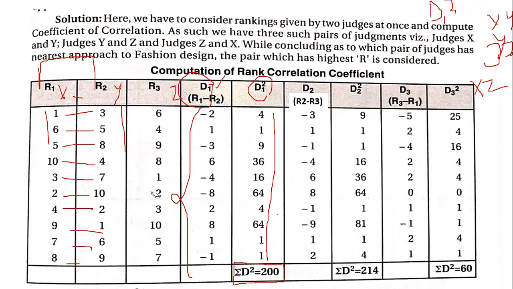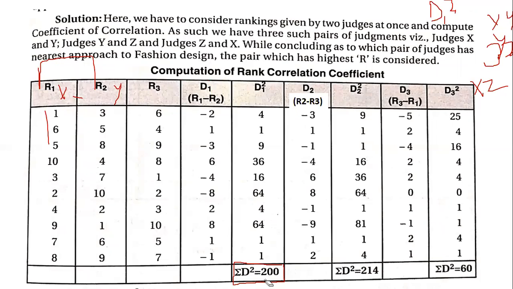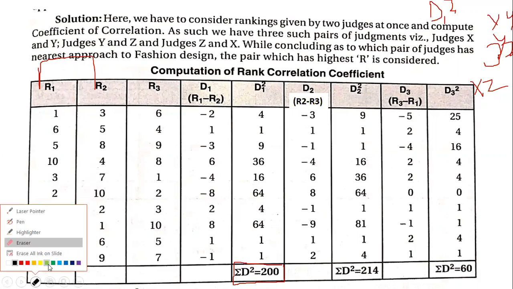So for the first pair of judges, we have got the important value, 200. That will be your first D1 calculation. Did you all understand the D1 calculation?